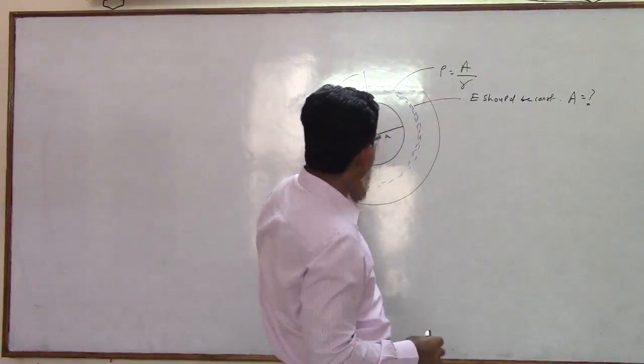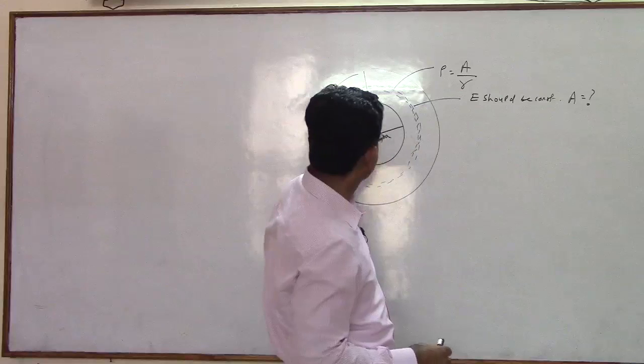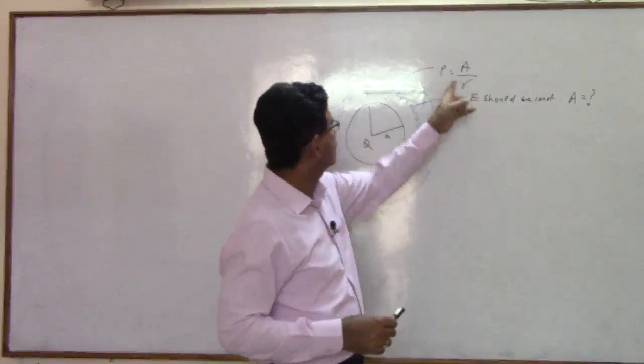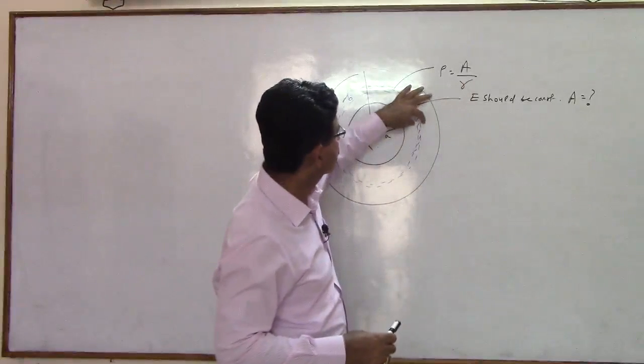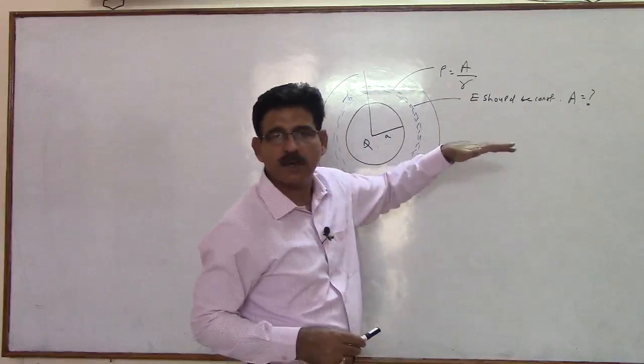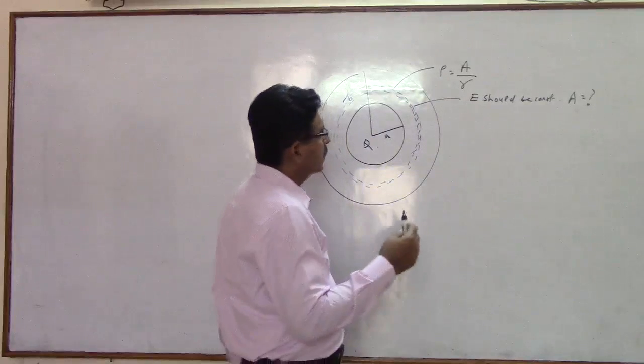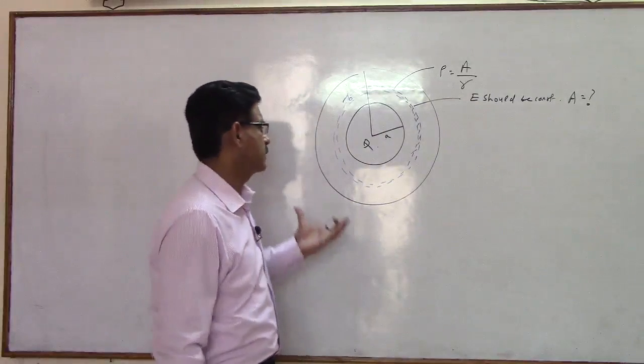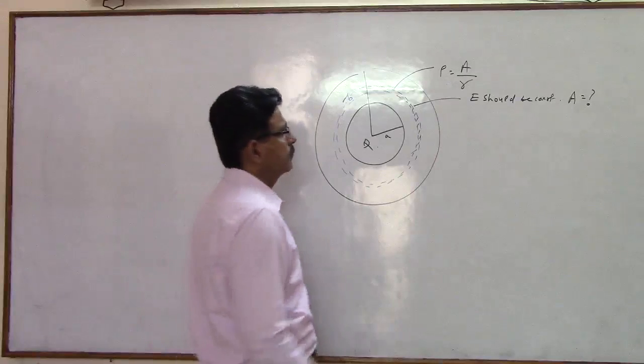And then because we have to write the field corresponding to this point, let us take the distance from the center to be r. So the field due to that Q can be directly written, and the field due to the charge at the surface of the shell can also be written. We have to be careful not to cancel x and r, because if you do that, then the answer will go wrong.